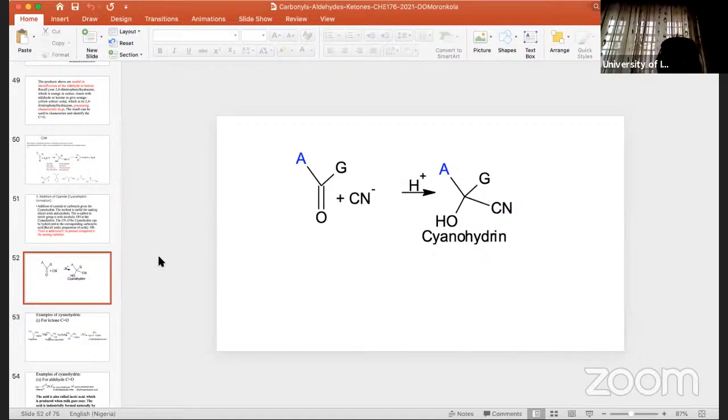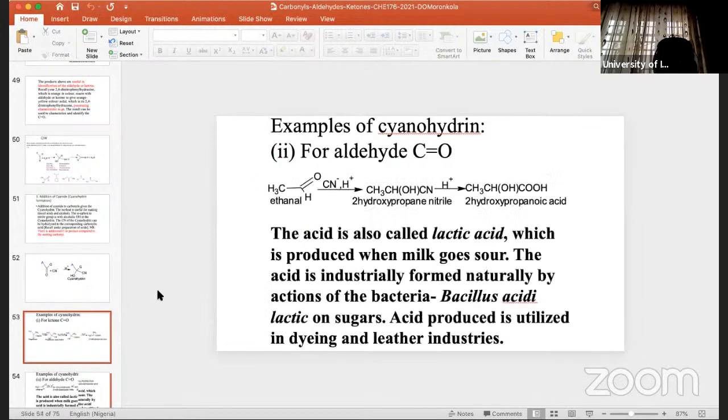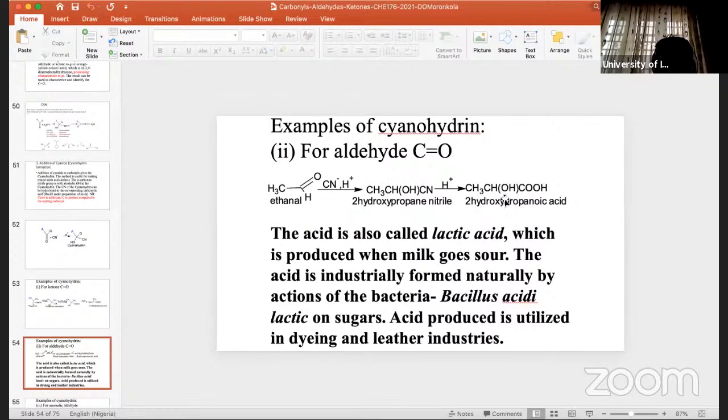Instead of R, you can replace them with more specific groups. This is an example. If you have propanone with this cyanide, you produce your cyanohydrin. It's an interesting reaction where further hydrolysis yields notable products over here. Now, that product, 2-hydroxypropanoic acid, happens to be lactic acid, which is very important in your yogurts, which we all love taking.